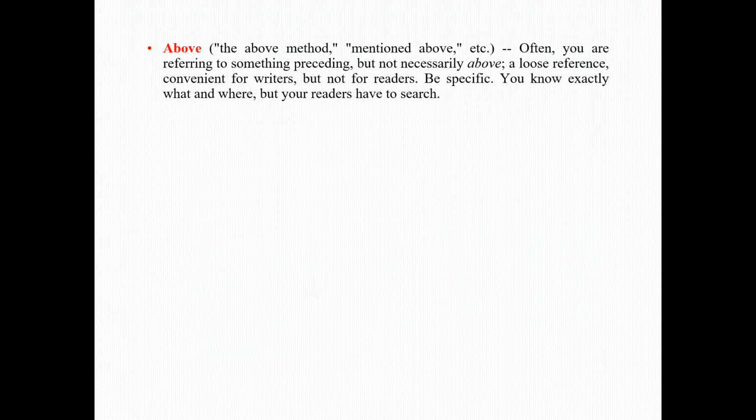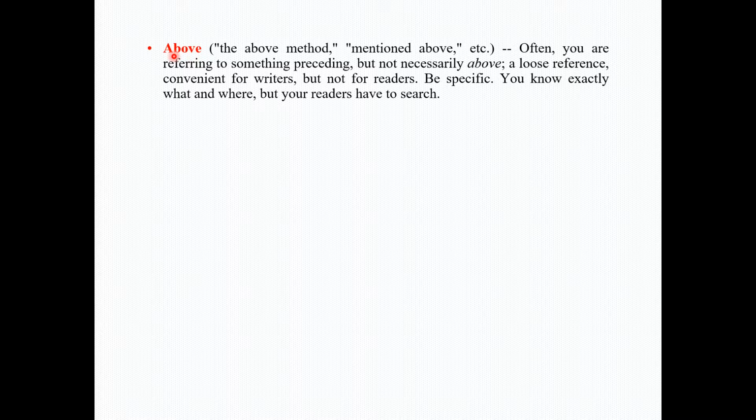So the first word that we have is "above". How can we use the word "above" in scientific writing? First we will tell the audience about the usage of the word above in the manuscript.